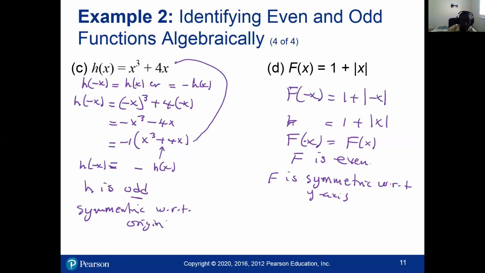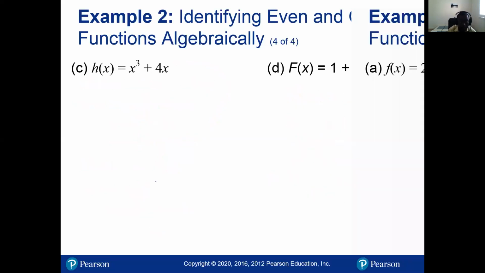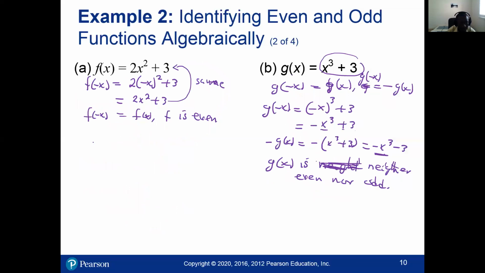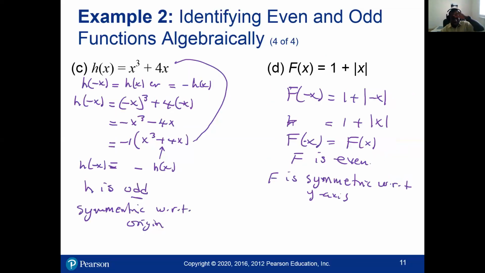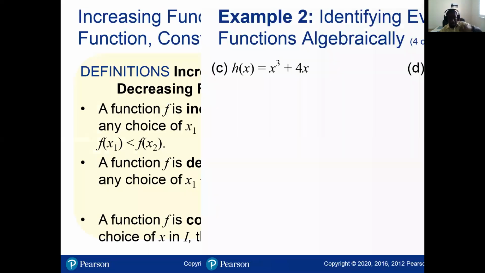If you go back to part A, because we got it to be even, we say that this is symmetric with respect to the y-axis, because it is even. Okay, so that brings us to that expression.